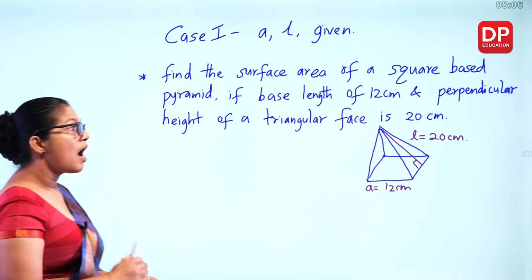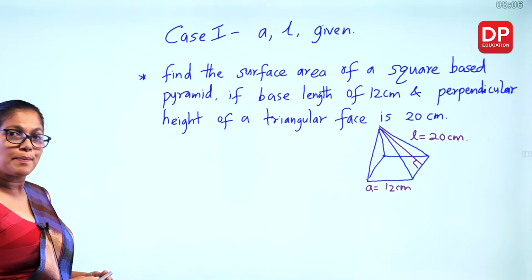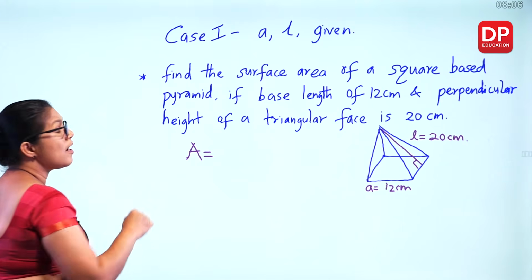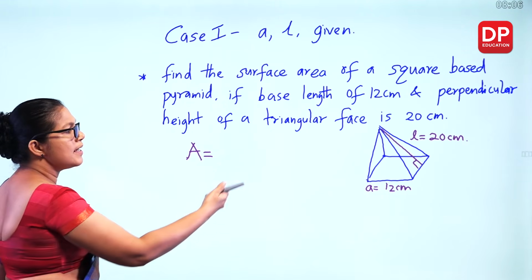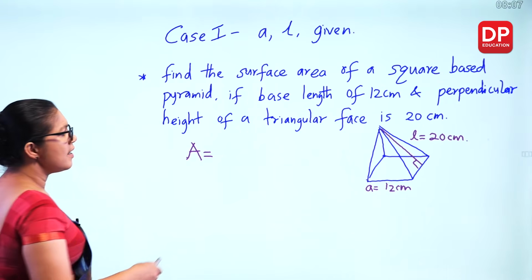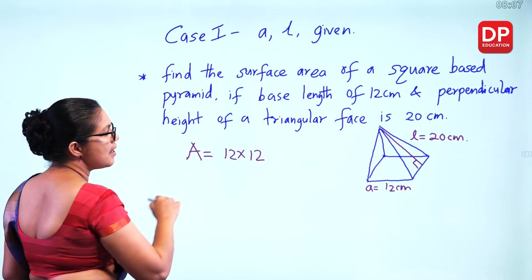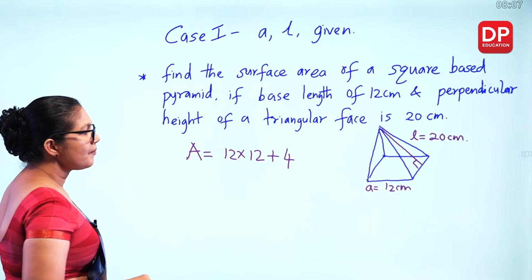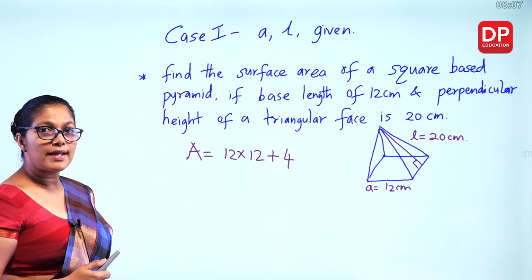So here, how can we find the surface area of the square base pyramid? We can use the formula for surface area. So what's the formula? We find the base area of the square, that means 12 times 12, A squared, plus 4 times the area of the triangle.